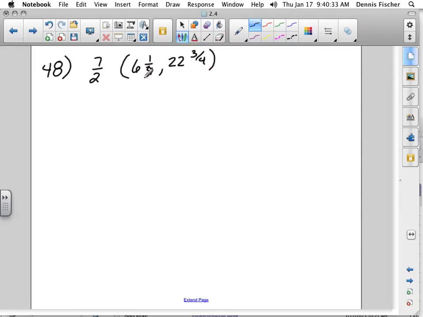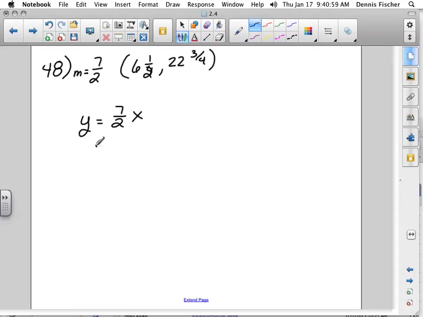So, first of all, they tell us the slope is 7/2. Well, slope on a direct variation is the same as your k value. So if this is a direct variation, my equation is going to be y is equal to 7/2 x.